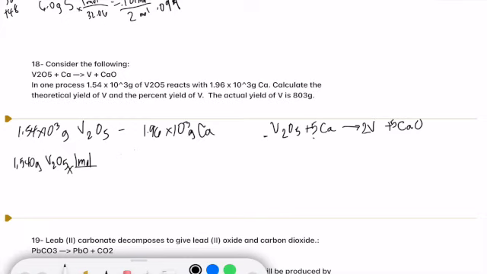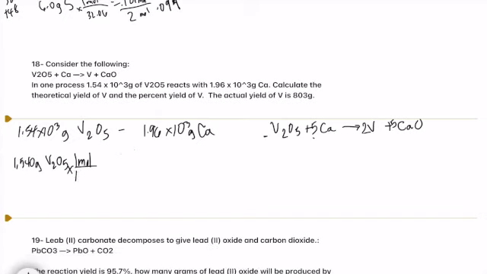And so as we set this up, remember we're trying to determine how much of our product, or V, vanadium, is made theoretically. We are given our sample of V2O5, and so we are converting from the grams to moles of V2O5.